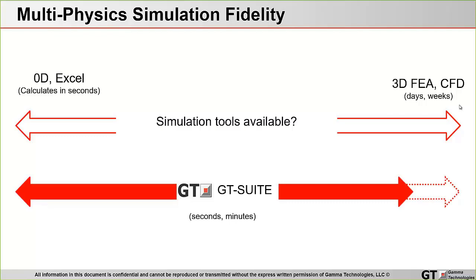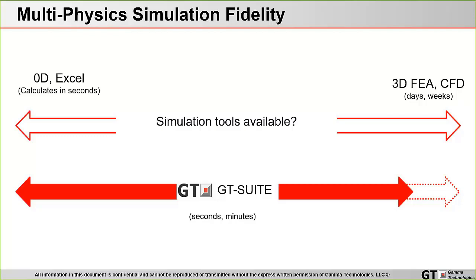Now, we like to think that the GT Suite simulation software can span this spectrum from very simplified fidelity modeling that allows models to run on the order of seconds, to analyzing components pretty deeply to gain further insight into particular component analysis, and surrounding these components in an entire system to do full system modeling. And that typically takes on the order of minutes and maybe sometimes hours at the most.